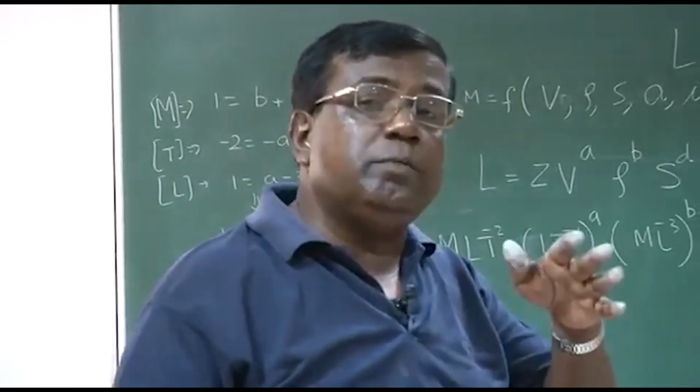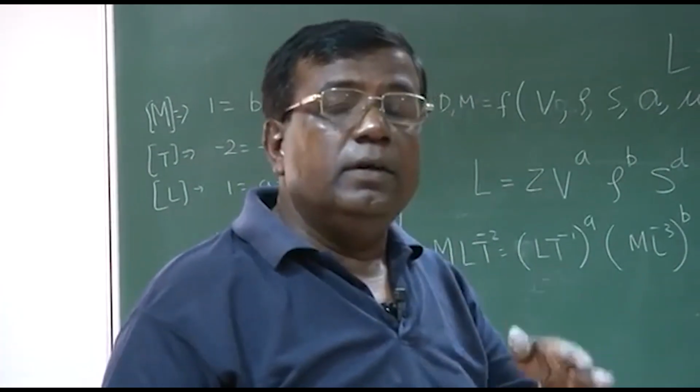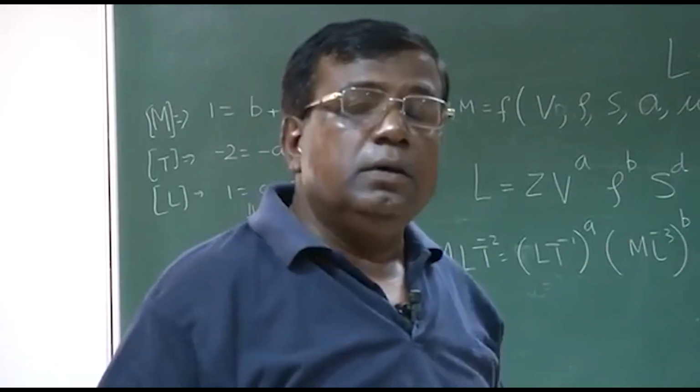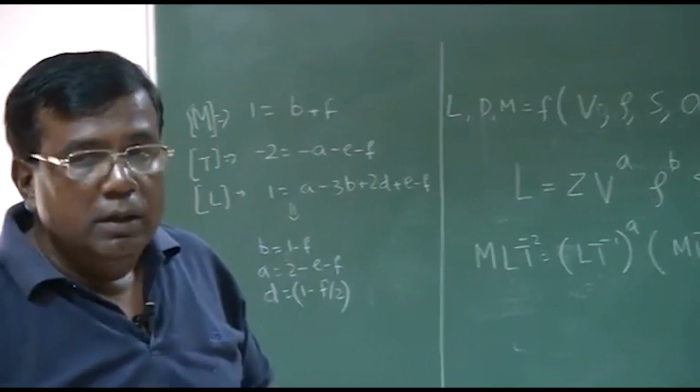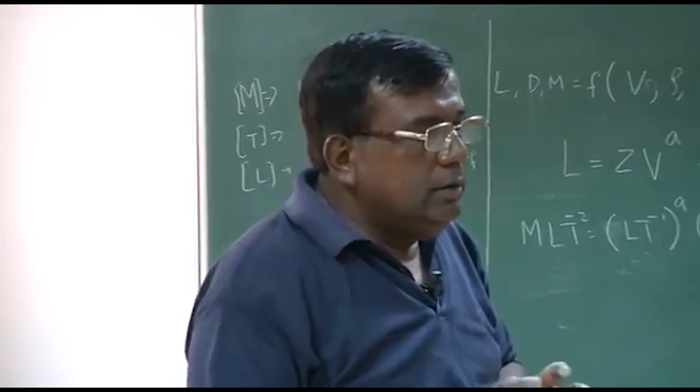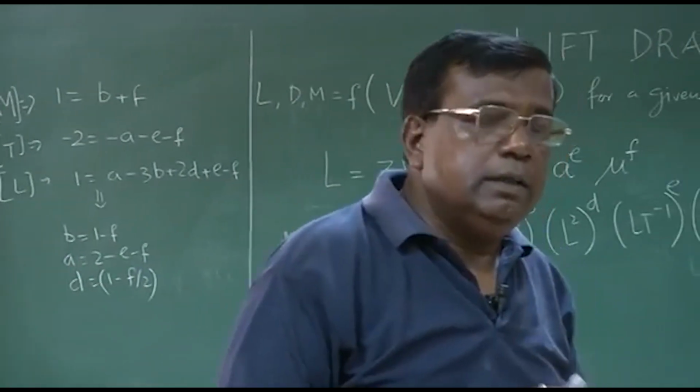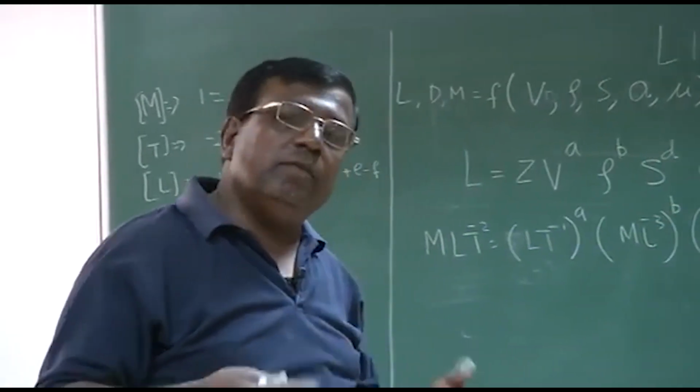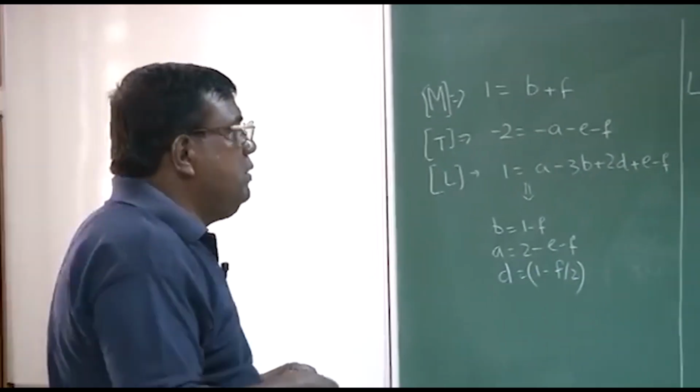And if it is a supersonic speed, then there is a shock wave. The shock wave will also alter the pressure distribution. In a holistic manner, can I think of modeling CL for a given alpha? That is the basic question.